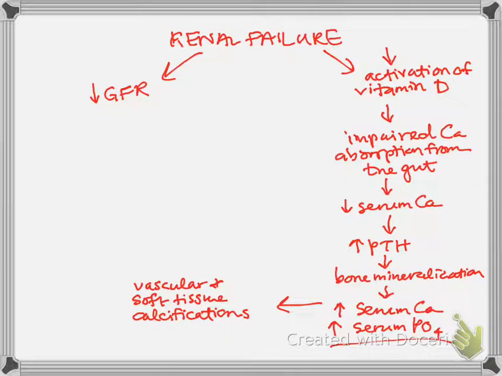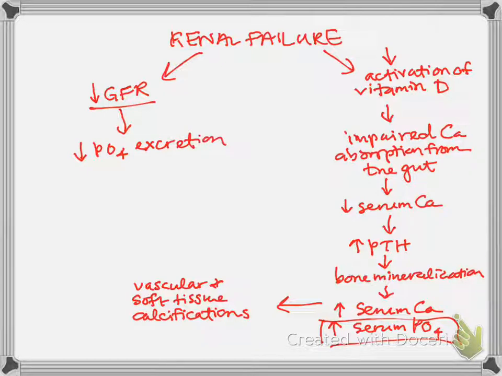So even though we have an increase in serum PO4, our kidneys aren't listening to parathyroid hormone. This isn't necessarily a result of parathyroid hormone. This is a result of our decreased GFR. This is going to decrease my PO4 excretion.